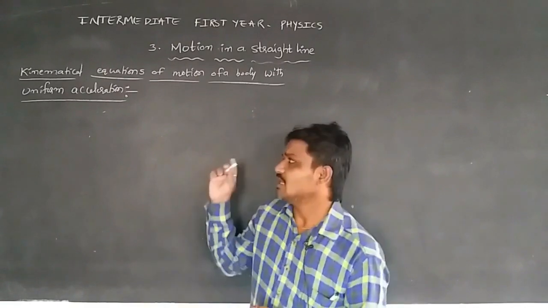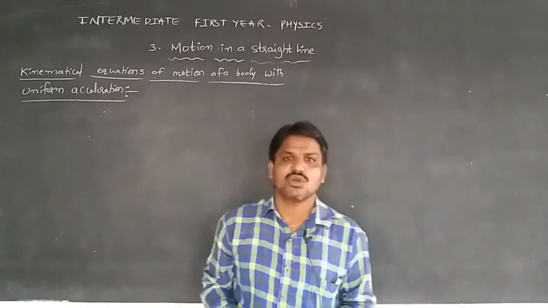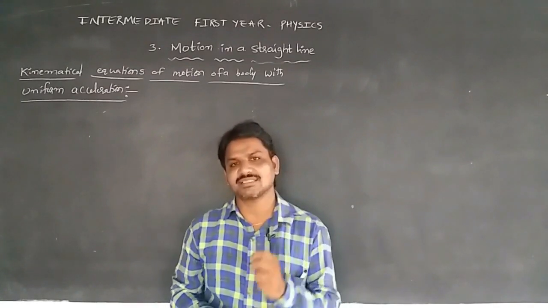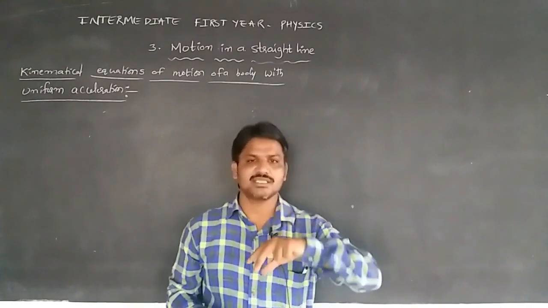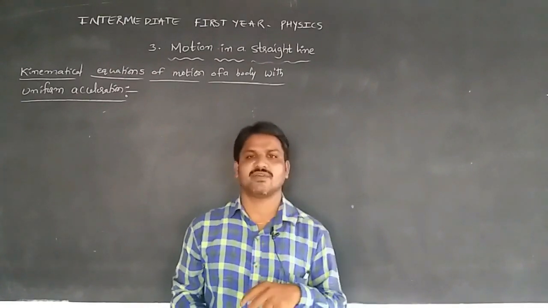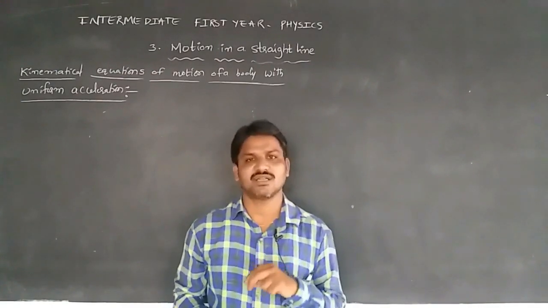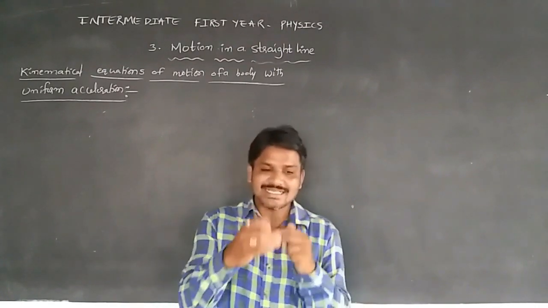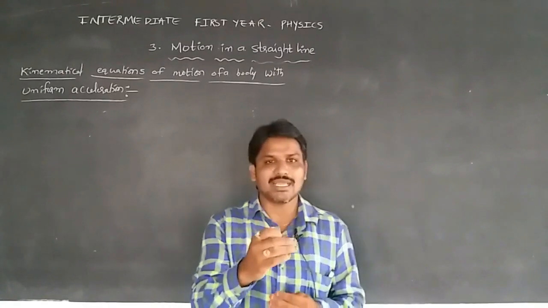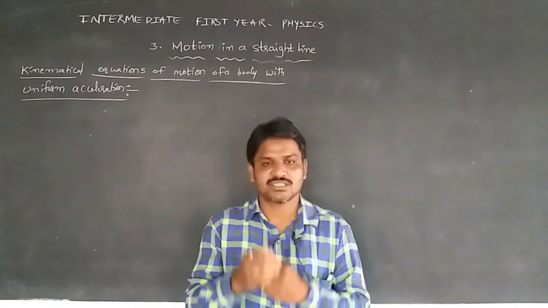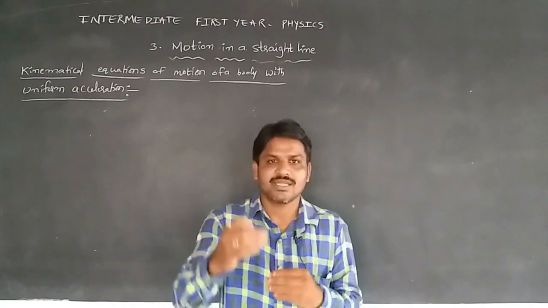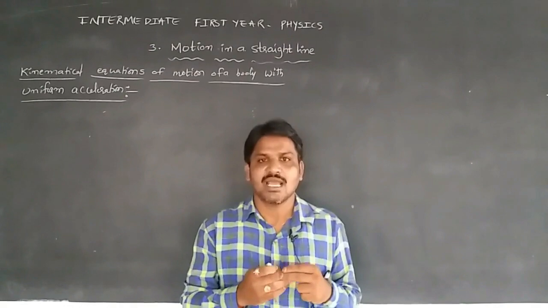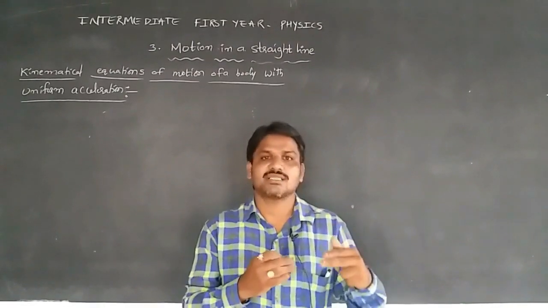Like that, we will also learn about uniform acceleration. What is meant by uniform acceleration? It means the body is already in motion, having some initial velocity, and it increases its velocity equally in equal intervals of time. Its velocity goes on increasing. At the first second it increases by 10 meters per second, and in another second it also increases by 10 meters per second.